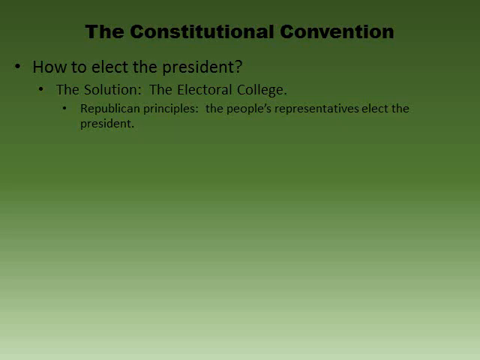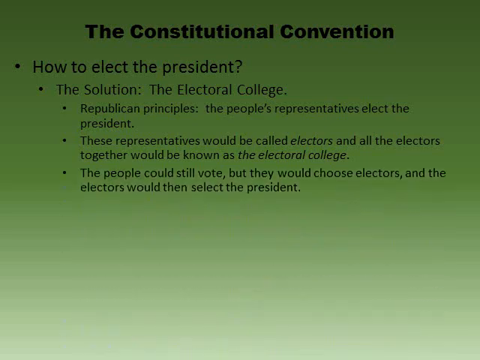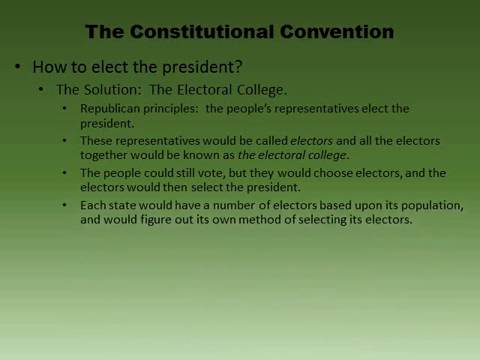And so that's what the Founding Fathers envisioned, that the people would come up with representatives who would in fact elect the president. These representatives would be called electors, and all the electors together would be known as the Electoral College. The people would still vote, but they wouldn't actually vote for the president, him or herself. They would just choose the electors, and the electors would then meet and vote and select the president.